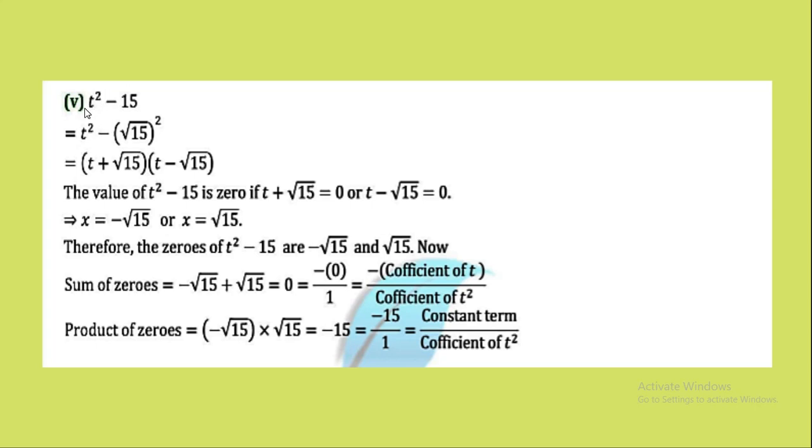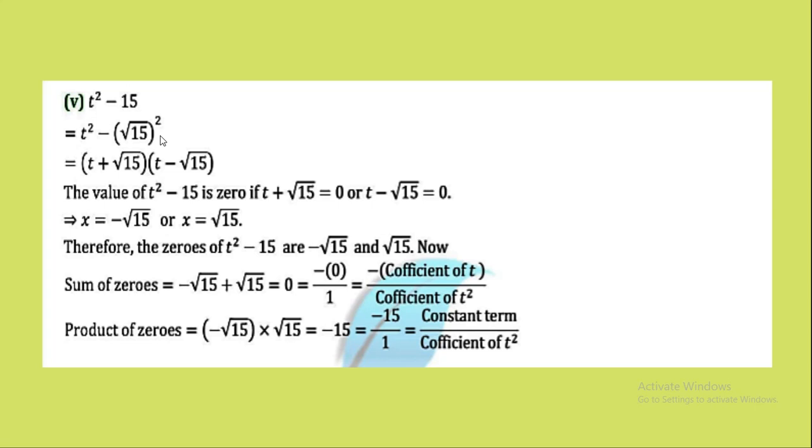And next, t square minus 15 is in the form a square minus b square. Here 15 can be written as root 15 the whole square. Every number can be written as the square of its root. Now t square minus root 15 the whole square is in the form a square minus b square.